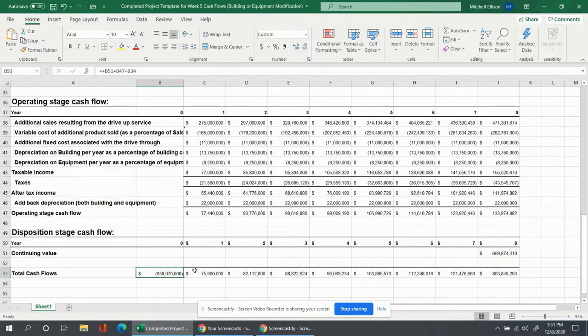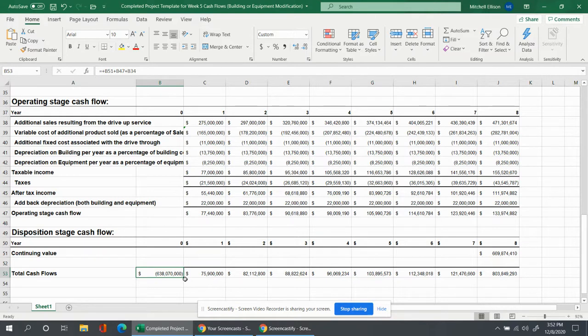When the business is up and running and selling around $300 million in merchandise, net everything else, it comes down to $75 million, $82 million, $88 million, 96, 103, 112, 121. And then with the continuing value, this comes to $803 million in year 8.